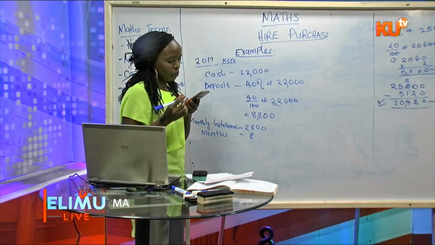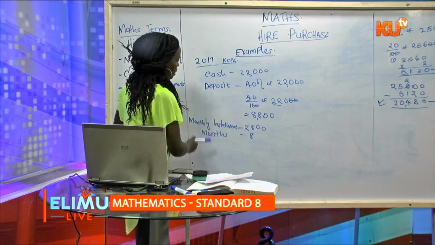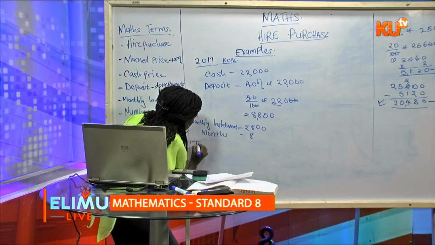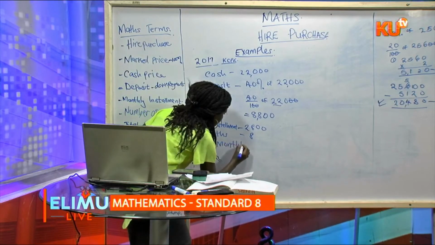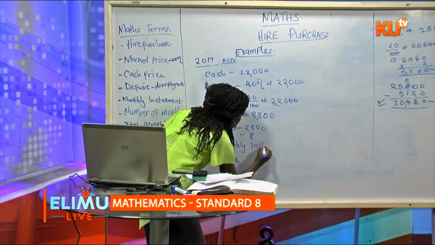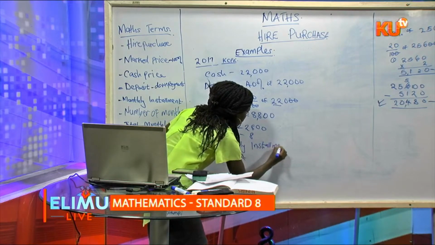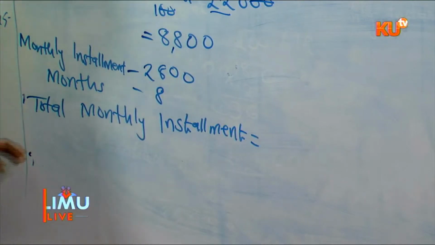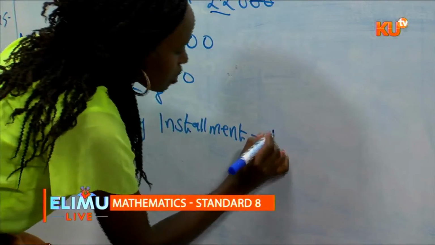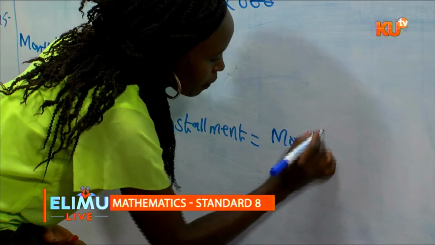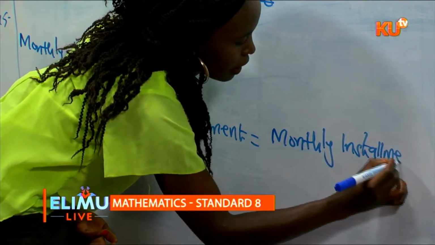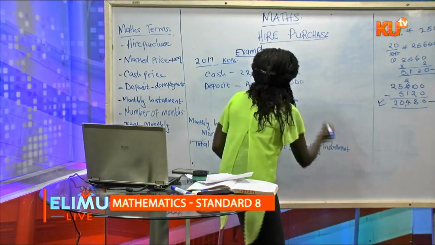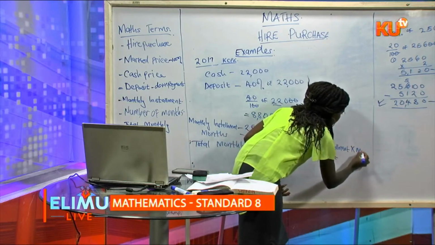How much did she pay than the cash price? Now here we get the total monthly installment. The total monthly installment, we take the monthly installment times the number of months.